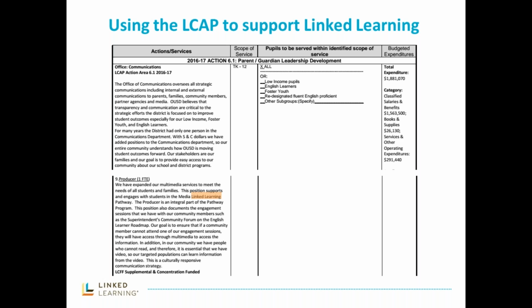And this is really important because many school districts employ such a plethora of different types of positions, and as a result, have a lot of expertise in-house. It was really amazing to see Oakland Unified tap into that.